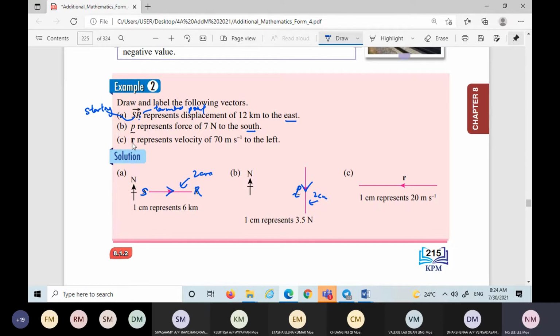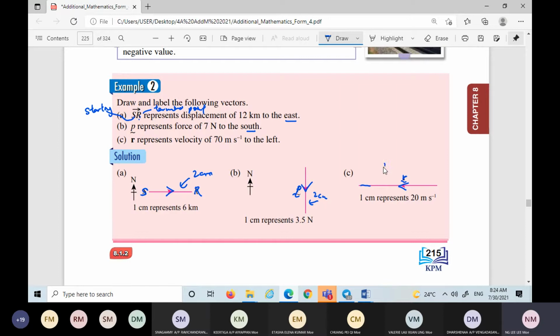Now we go to C. We represent a velocity of 70 meters per second to the left. So you just draw a line pointing to the left and label it as r. Then 1 centimeter is 20, then this is 70. So 2 centimeters is 40, 3 centimeters is 60.